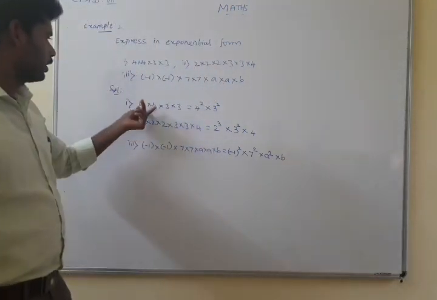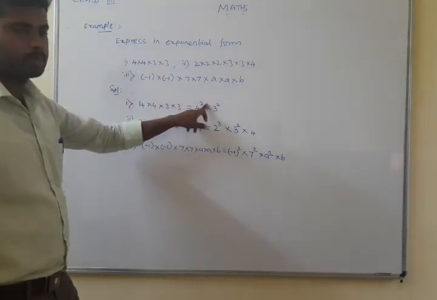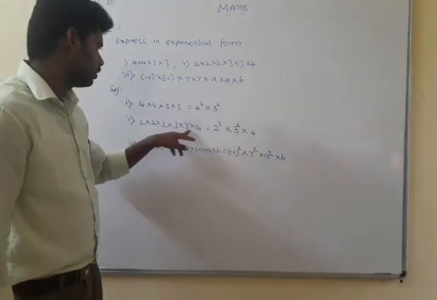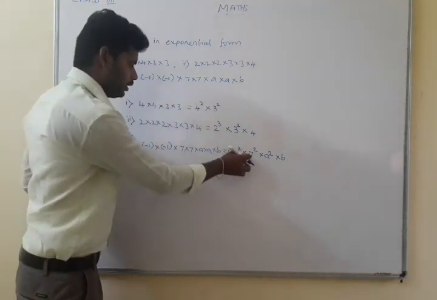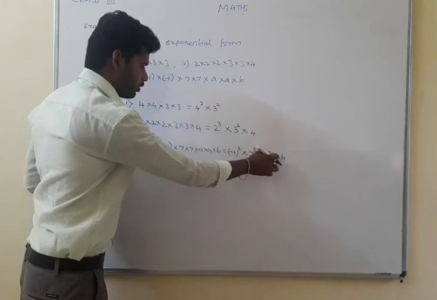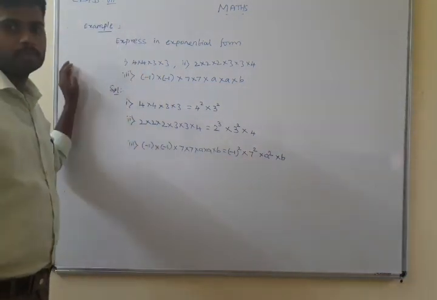So this is how you find the exponential form. 4 into 4 means 4 two times, 3 two times, 4 once. Minus 1 square into 7 square into a square into b. This way you find the exponential form. This is the answer.